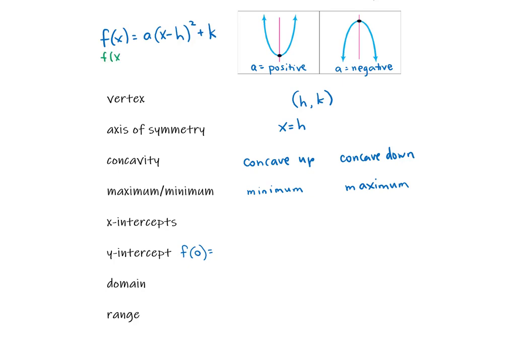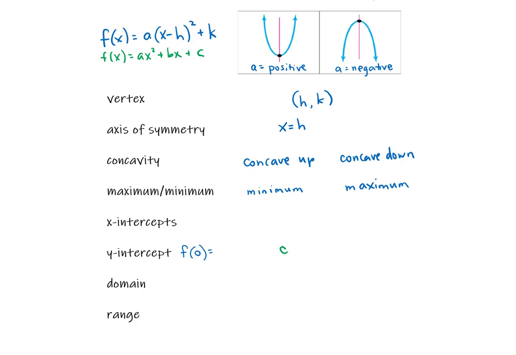If I do have my equation in ax squared plus bx plus c, and you plug in x equals 0, then my y-intercept is just c. Notice because those first two terms will cancel out.